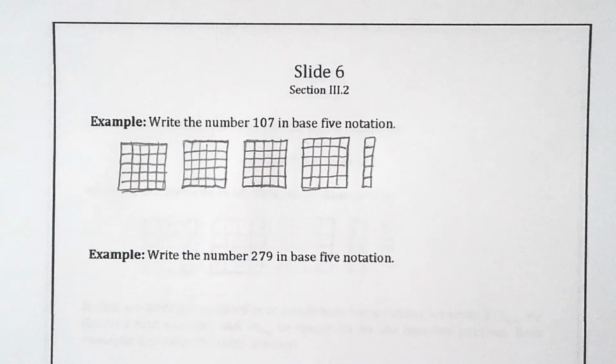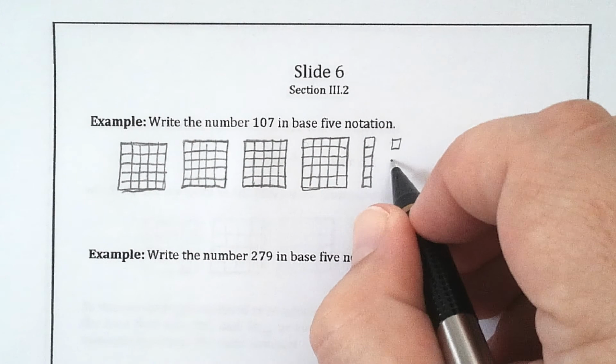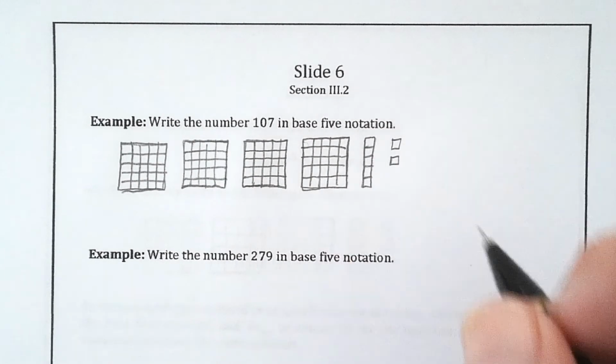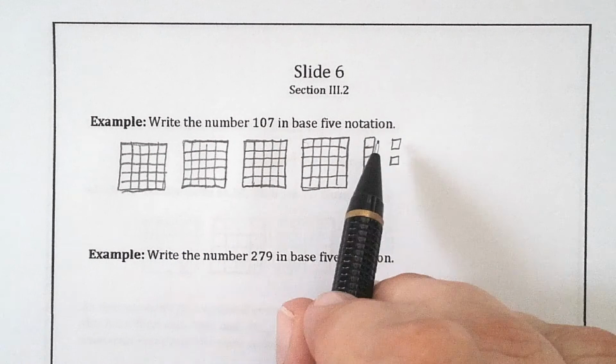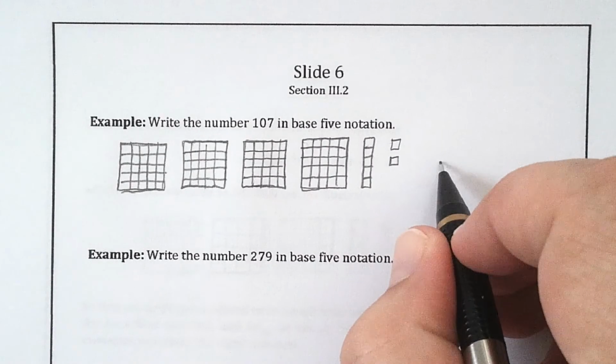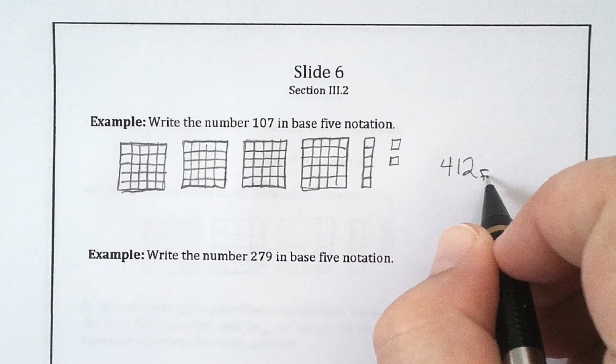Now the second strip would bring us up to 110, so that's too large. So we just start adding in units. One unit gets us up to 106. The second one gets us up to 107. So you've got 4, 1, 2. This is 412 base 5.